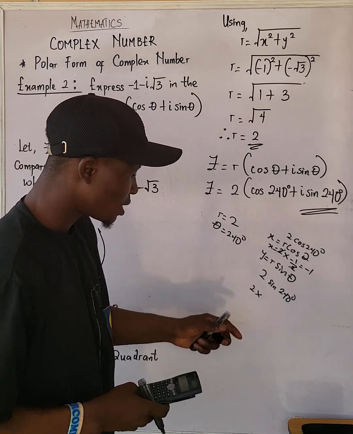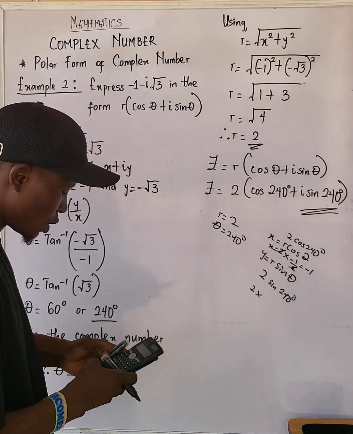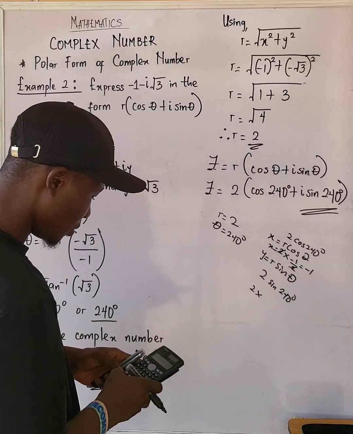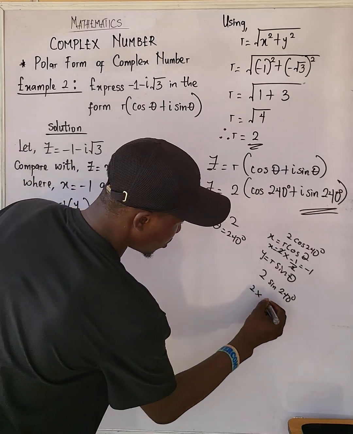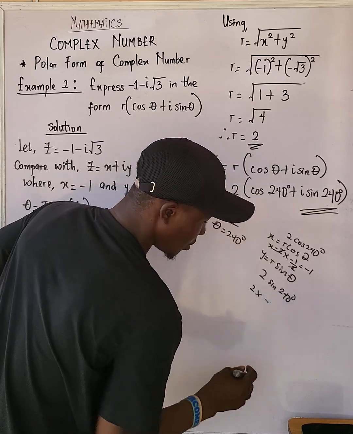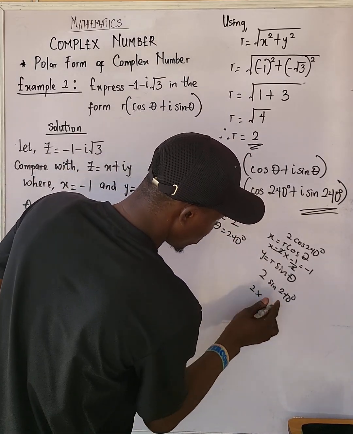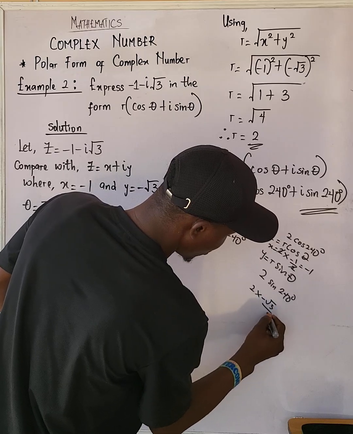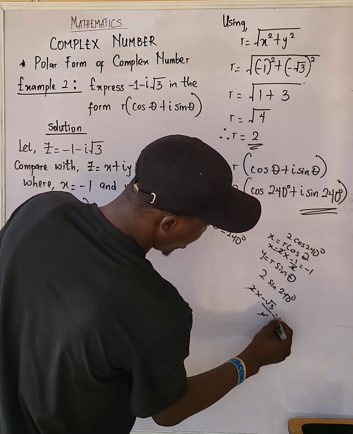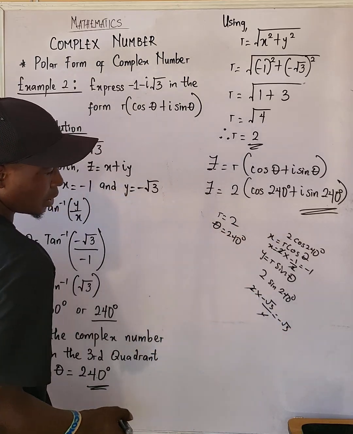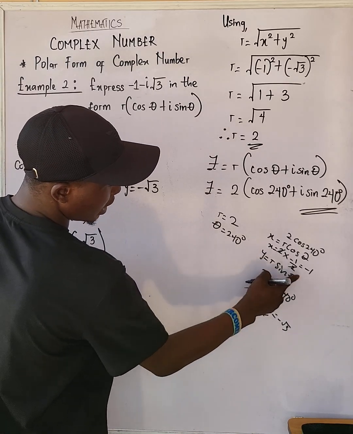Sin 240 will give us minus root 3 over 2. So what do we do? 2 cancels 2. What are we left with? Minus root 3. So we've gotten y as minus root 3 and x as minus 1.